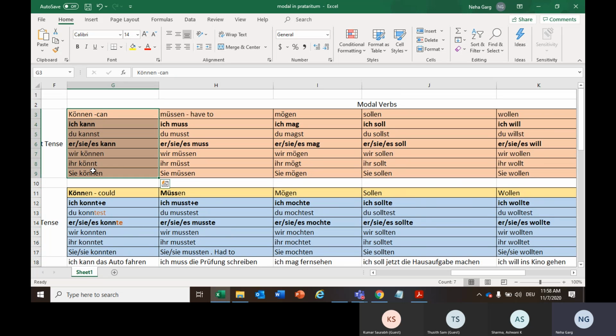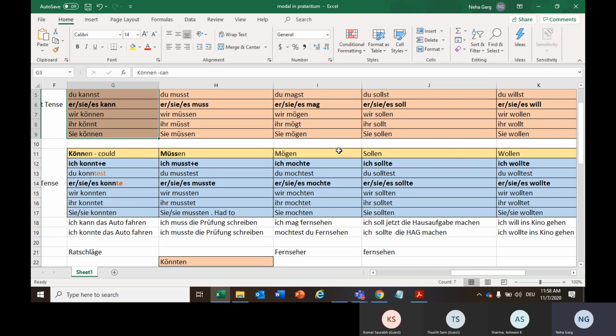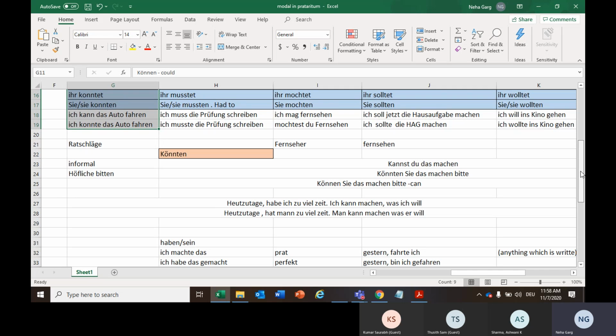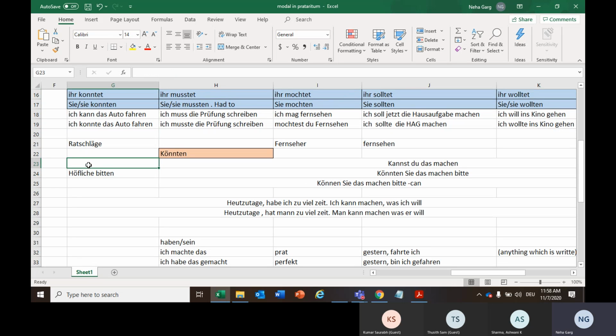One is this present tense, können, then one is this past tense, konnten, could, but then there is one höfliche bitten here. See here, this höfliche bitten. So when you are requesting somebody to do something, so you always say, could you please do that? That is in present tense, but still you use could or would in a polite manner.